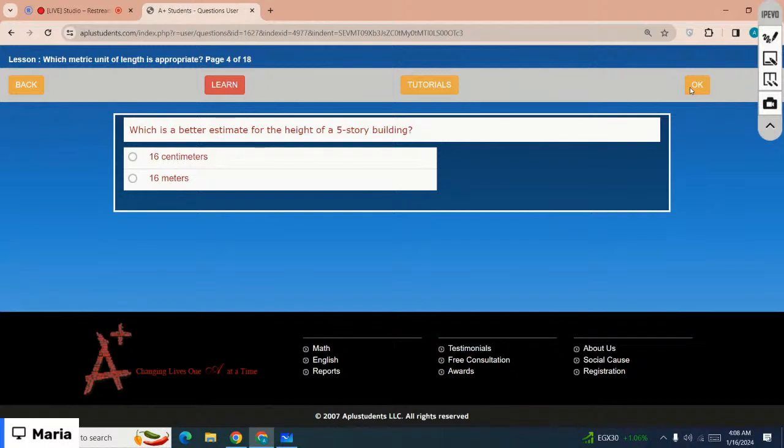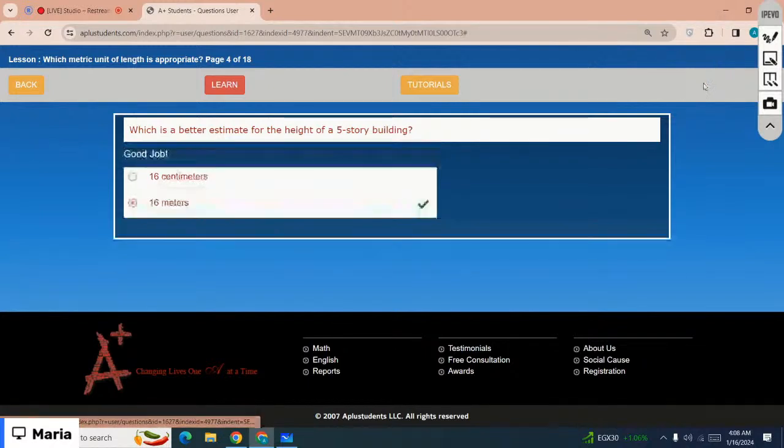So, it is 16 meters, right? Because centimeter is too small for the five-story building, right?